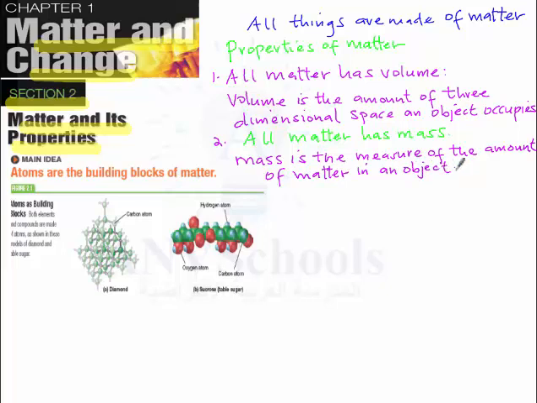If we take a ball, the content that makes up that ball is what we call matter, and we normally find mass by using a balance. So if you want to find the mass of an object, you have to measure, and to measure, you use an instrument which is a balance.